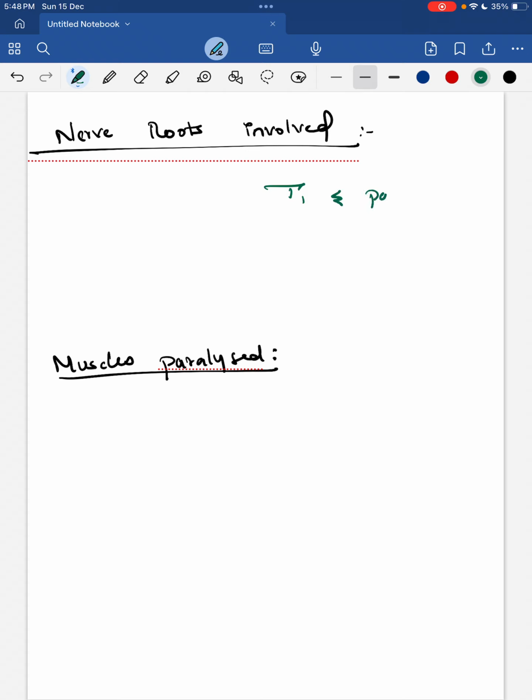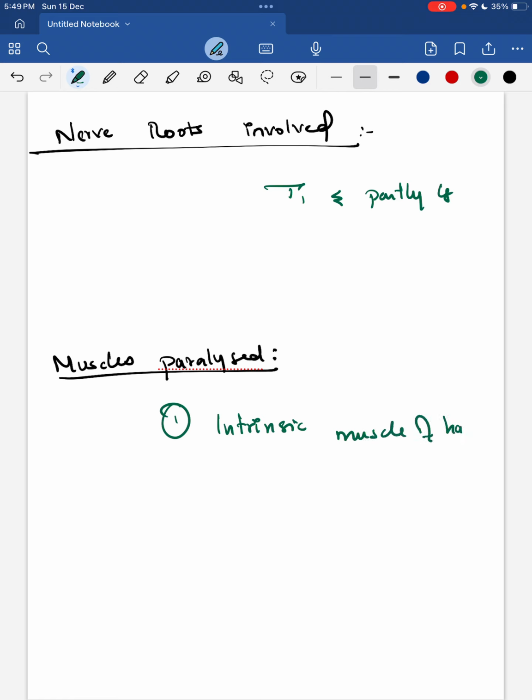Nerve roots that are getting involved here are mainly your T1 and partly your C8. The muscles that are getting paralyzed here are intrinsic muscles of hand, and ulnar flexors of wrist and fingers.